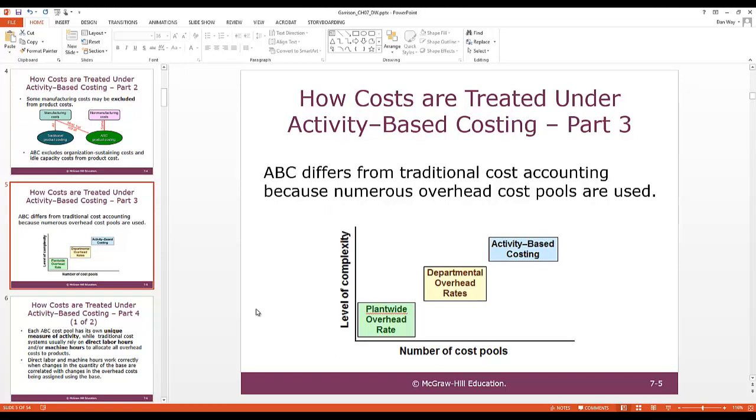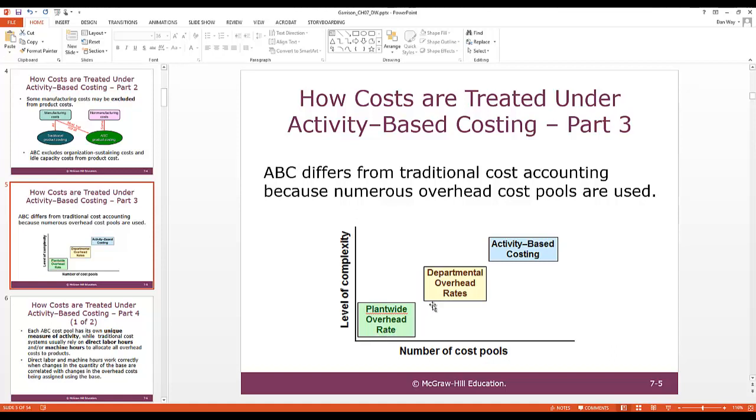ABC differs from traditional cost accounting because a whole bunch of overhead cost pools are now going to be used. So again, if we think back to our job order and process costing, we tended to have either a single plant-wide overhead rate via which we assigned overhead costs to products, or in process costing we had those departmental overhead rates.